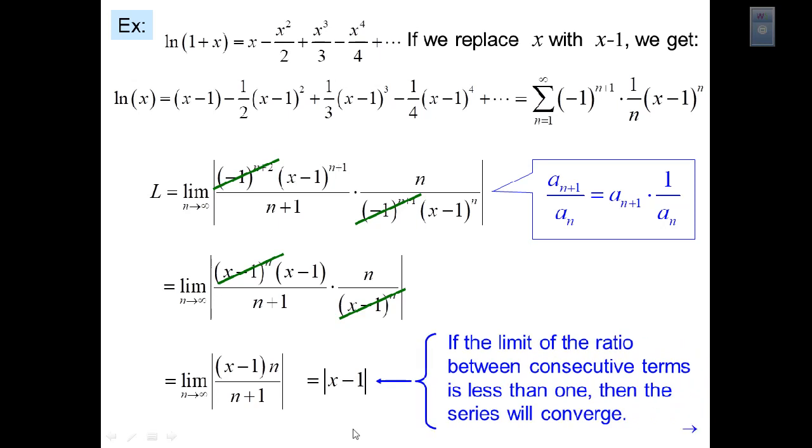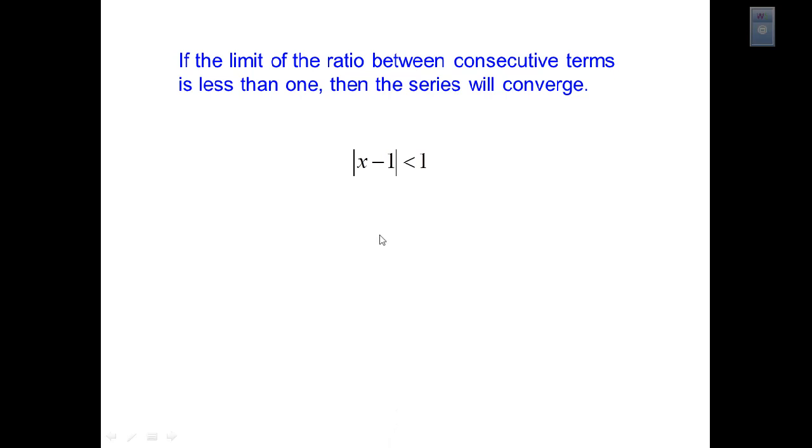So if the limit of the ratio between consecutive terms is less than 1, then the series will converge. Right here is the limit between consecutive terms. So we've got to find out when that's going to be less than 1. So we have to set this thing equal to, or sorry, less than 1, just like this. And then we're going to solve. Well, remember what you do with absolute value.